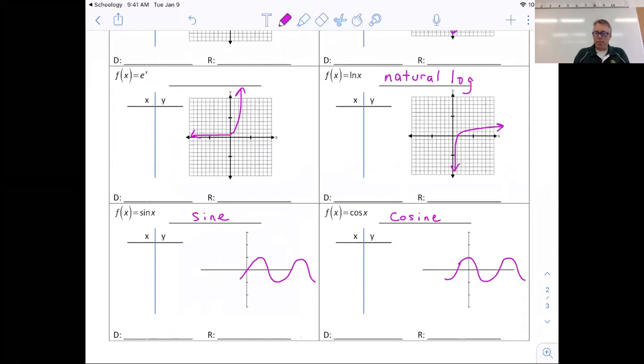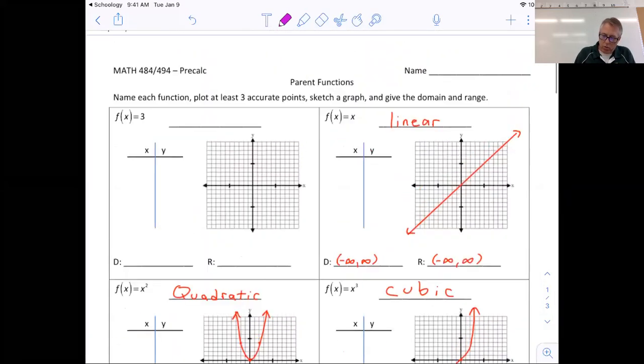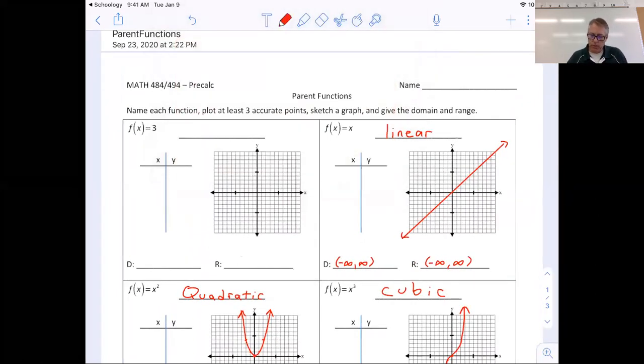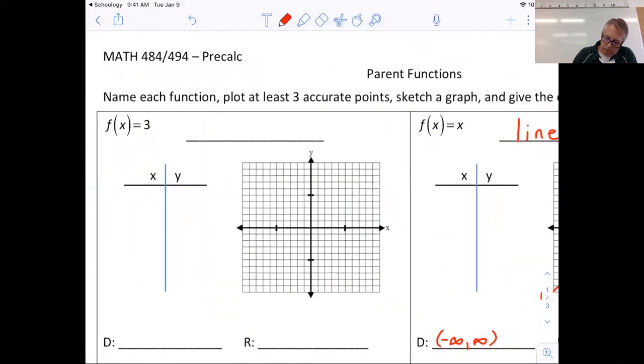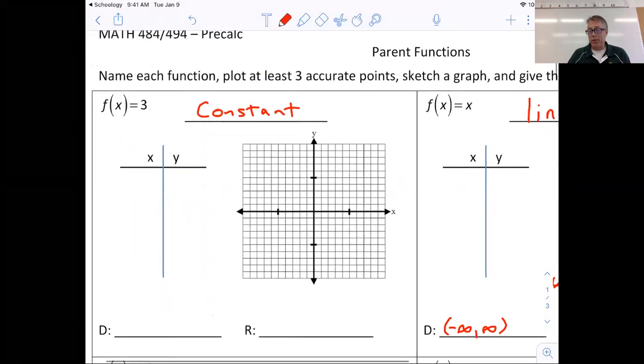So I'm going to recap, and let me know if you have questions while I'm doing that. Oh, we didn't do the first one. Let's do that. If you just have a number, that is the constant function. Because that means for every input, the output is 3.